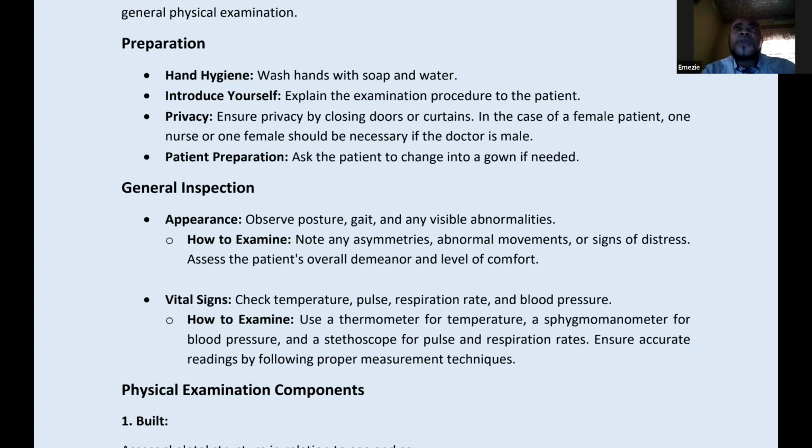The first P stands for palpation. The second P stands for percussion, and the A stands for auscultation.